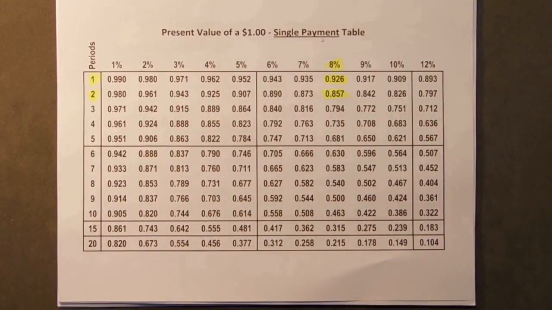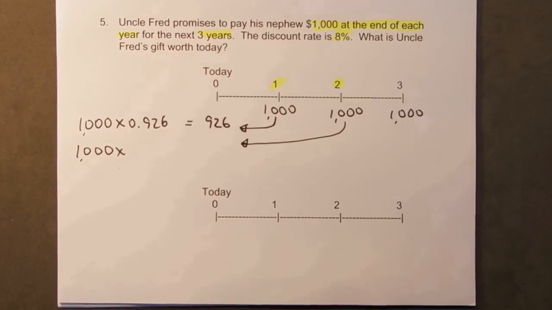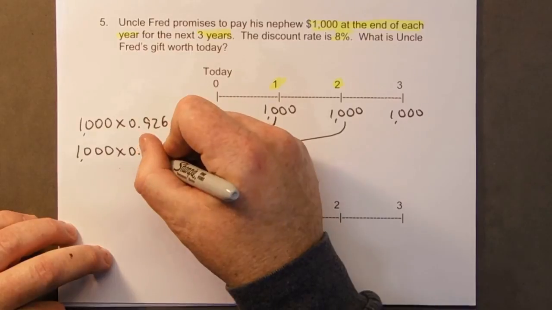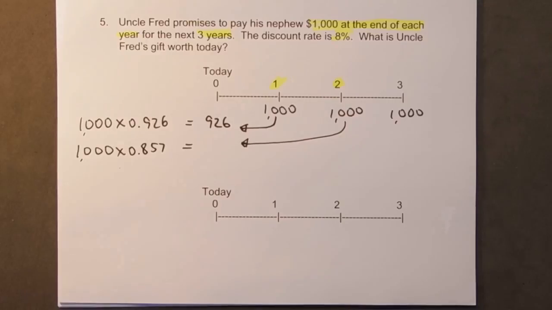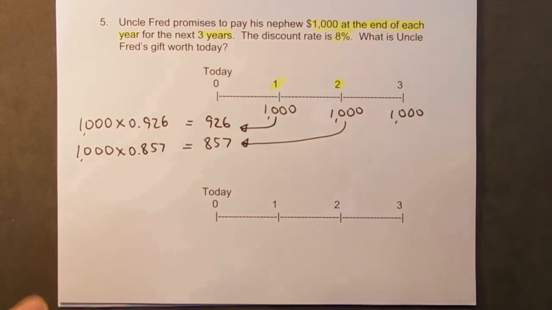So about 85, 86 cents, somewhere in there. So 1,000 times 0.857 equals $857.